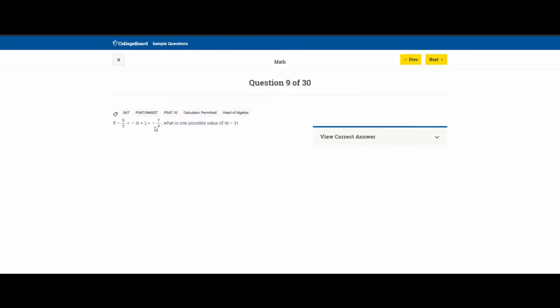Actually, let's switch it around, because you have to switch around the inequality signs too. So 21 over 4 is less than 9t minus 3 is less than, and then multiplying by 3 is 27 over 4.